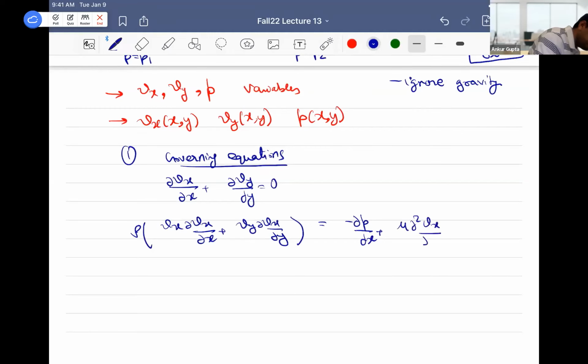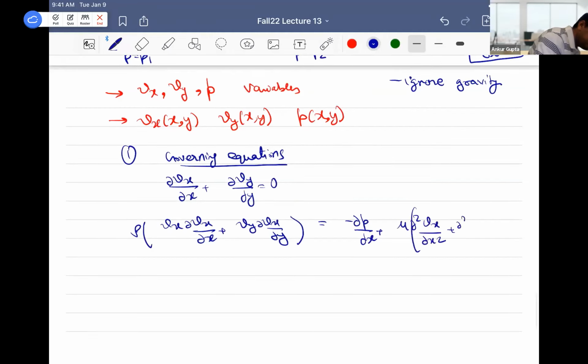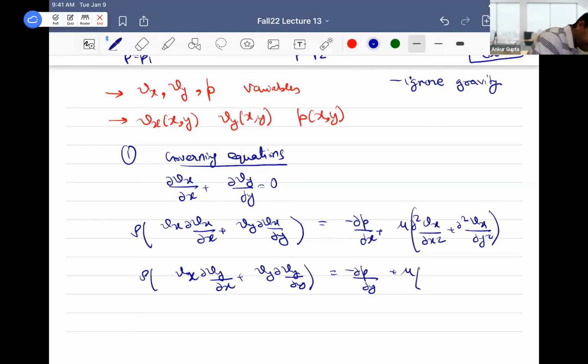You can always look it up in the book. You don't have to memorize any of this. Hopefully all the terms are correct, but if you find a typo, don't hesitate to let me know. So this is the full form of the equation.